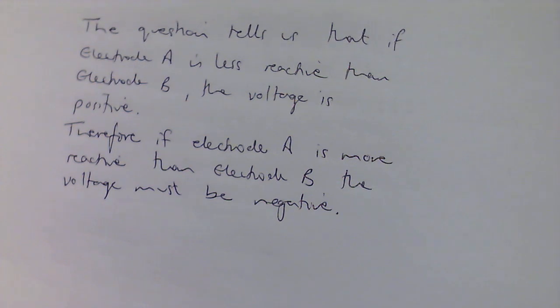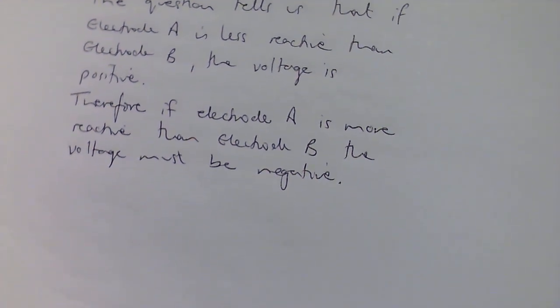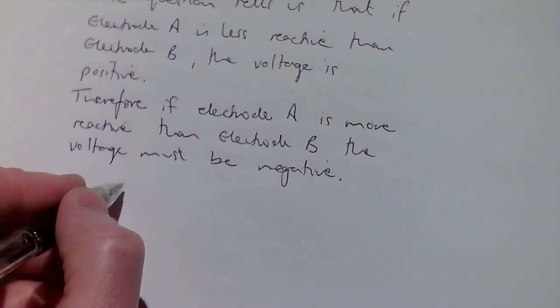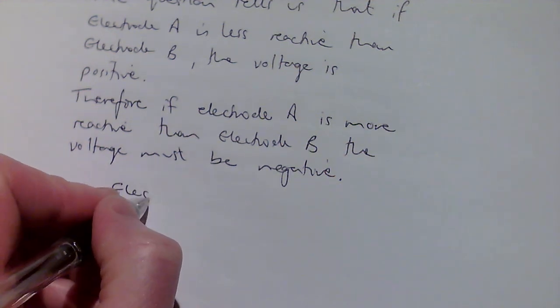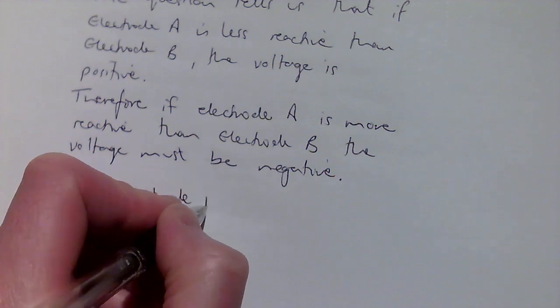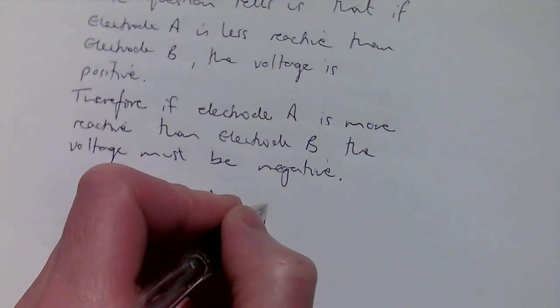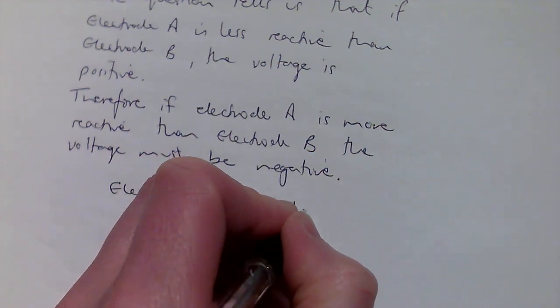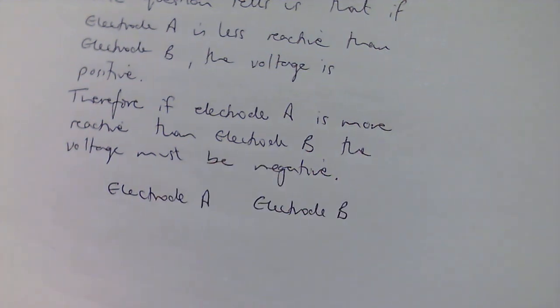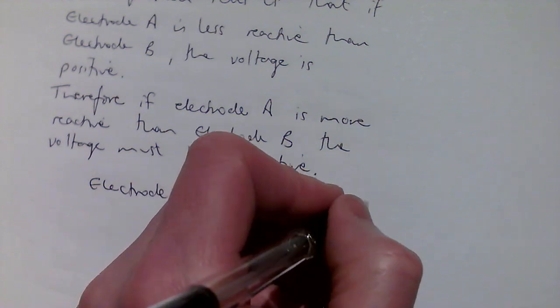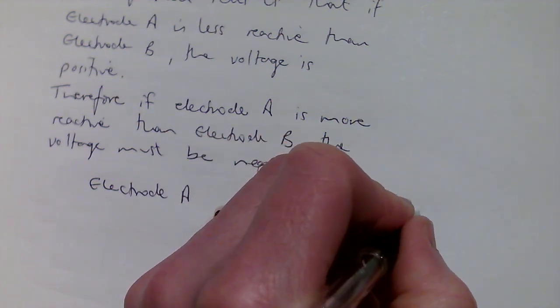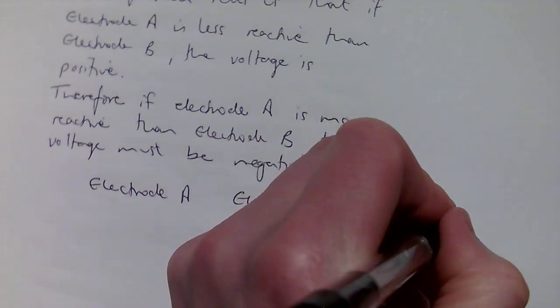Okay, then we're given this information. We're given a table that tells us what electrode A is made from, what electrode B is made from, and then when we put these two electrodes together, the voltage that is produced in volts.